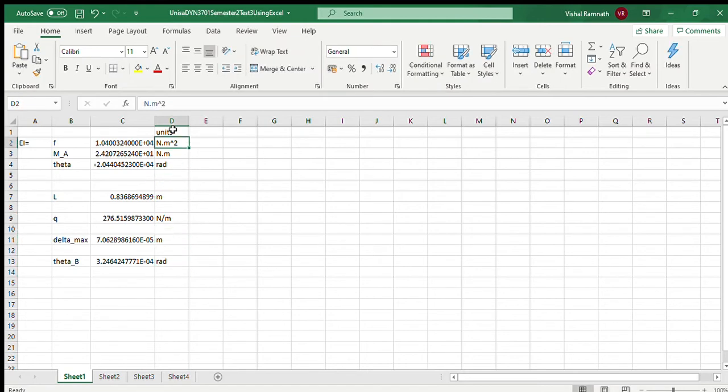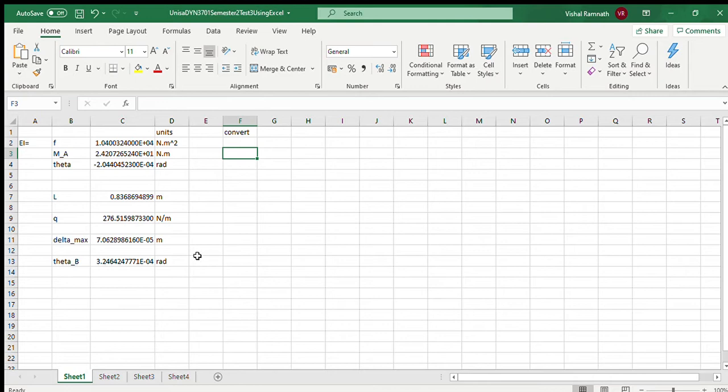We can always convert to other units. So if I wanted it in kilonewtons, 1 kilonewton is 1 times 10 to the 3. So I could always work it out, whatever the value is, and then I could convert it.